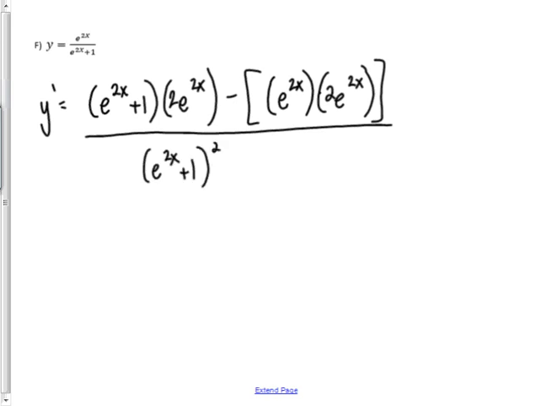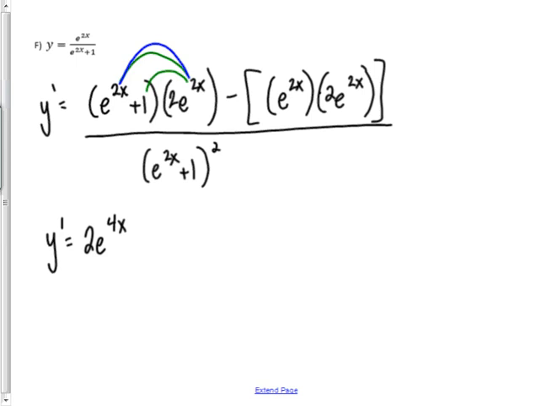Okay. So we've got to simplify this. What I need to do is distribute that. You'll remember, because this sometimes catches people off guard, when you multiply, like x to the 4 times x to the 5th, you add the exponents. So keep that in mind. When I distribute, I'm doing 2e to the 2x times e to the 2x. They're both e to the 2x, so I'm adding the exponents, 2x plus 2x, so I've got 2e to the 4x.